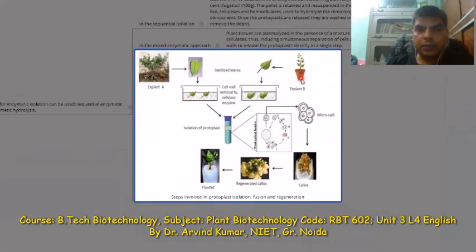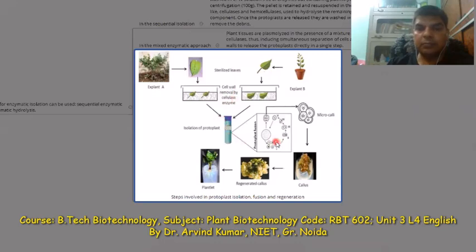We have two plants, suppose plant A and plant B. We would be isolating the protoplast from both plants, and the purpose behind isolating the protoplast is to fuse the characters of these two plants with the help of the protoplast fusion method. First we isolate the protoplast, and we have taken the leaf as an explant from both plants. The leaves are subjected to a protoplast isolation method, and what we get is the isolated protoplast.